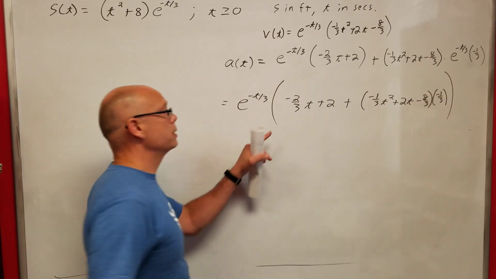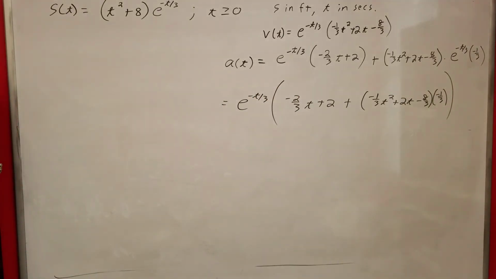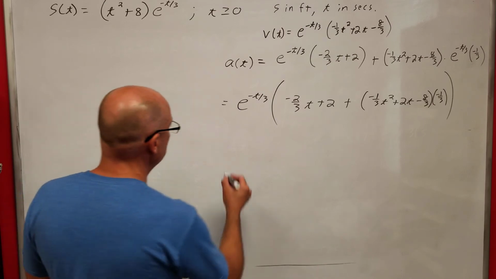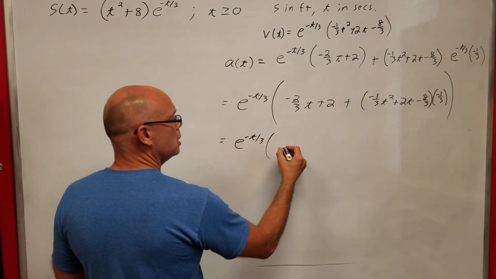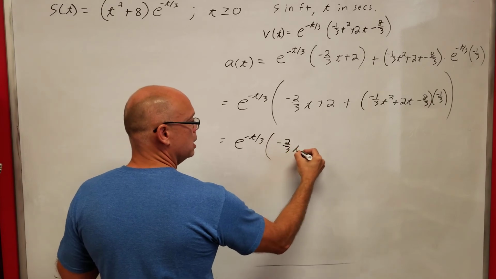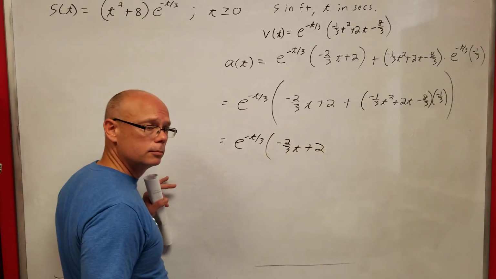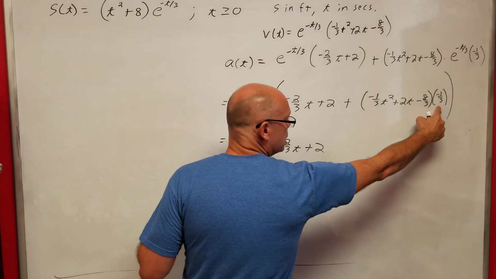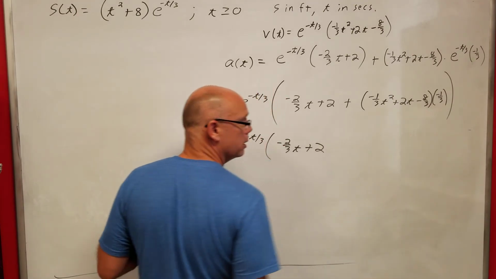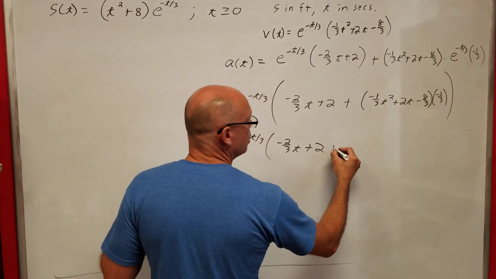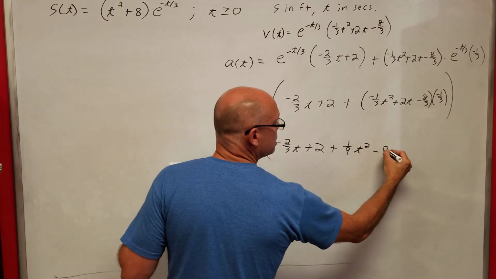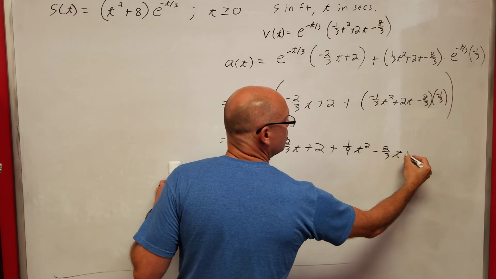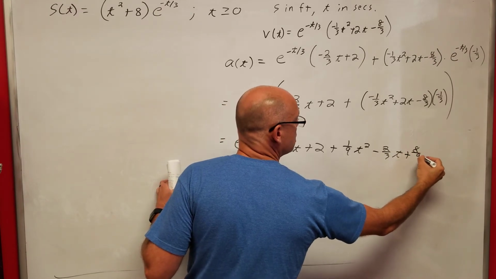It's kind of messy, huh? It's all right, though, it's doable. E to the negative t over 3, then I have negative 2/3 t plus 2. Now let's distribute this negative 1/3 here, here, and here. So we get plus 1/9 t squared minus 2/3 t plus 8 over 9.